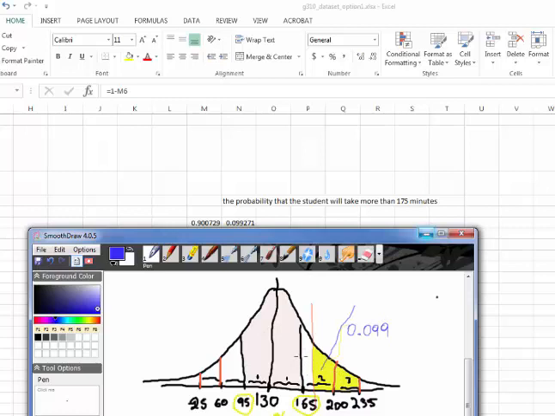While the probability that the student falls in this area right here is going to be the rest, the probability of 0.90.